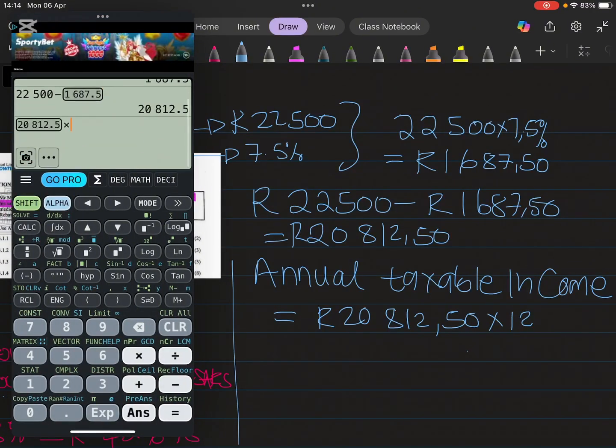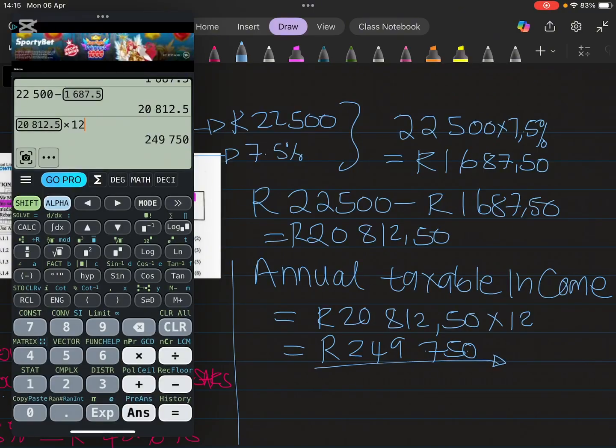That is 12 months. That will give us 249,750. So this is his annual taxable income, the amount of money that SARS will tax him.